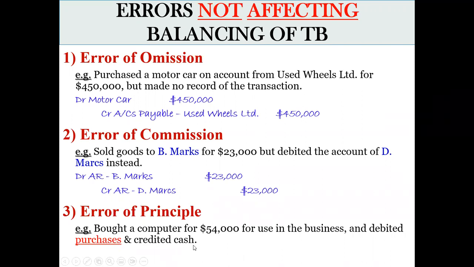The two accounts we're dealing with here, purchases and computer equipment. You debited purchases. You should have debited computer equipment. So to correct this error, we would need to credit the purchases account to take it out. And the corresponding debit goes to computer equipment.